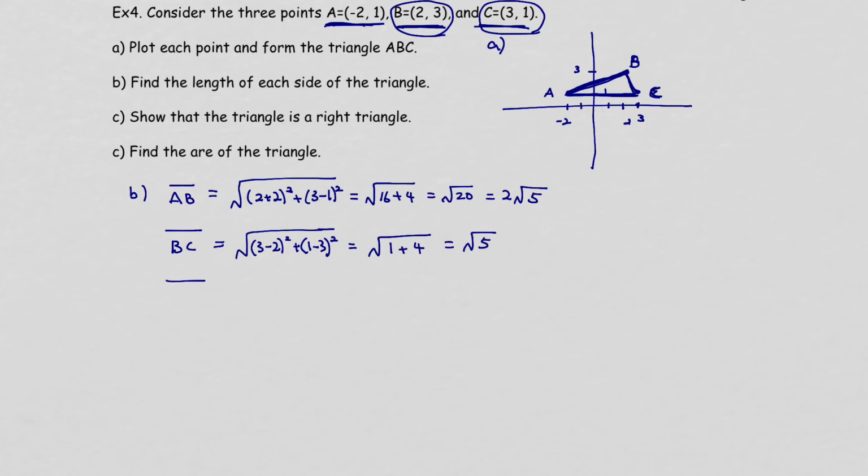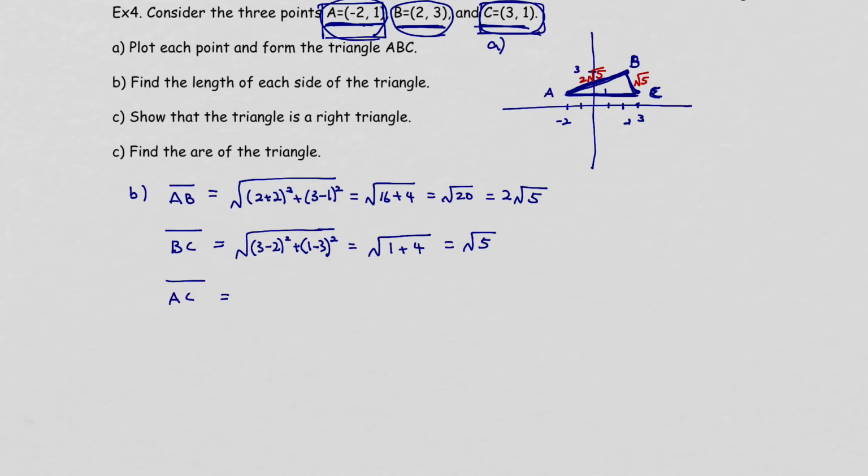If I do between A and C now, right? So let me see. Between A and B, I have 2 square root of 5. BC, I have square root of 5. And if I wanted to find AC, I will use this and C, right?